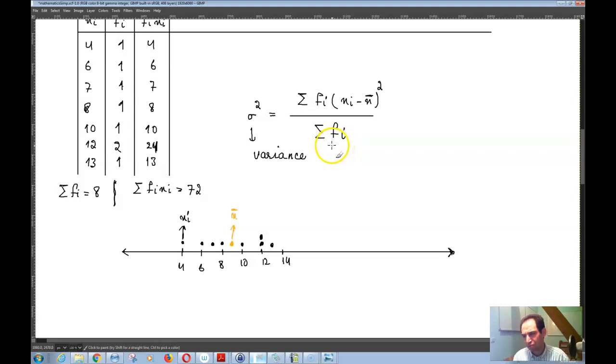But it gives you a measure of how your observations are scattered around the mean, right? I mean, I wouldn't do such a thing.